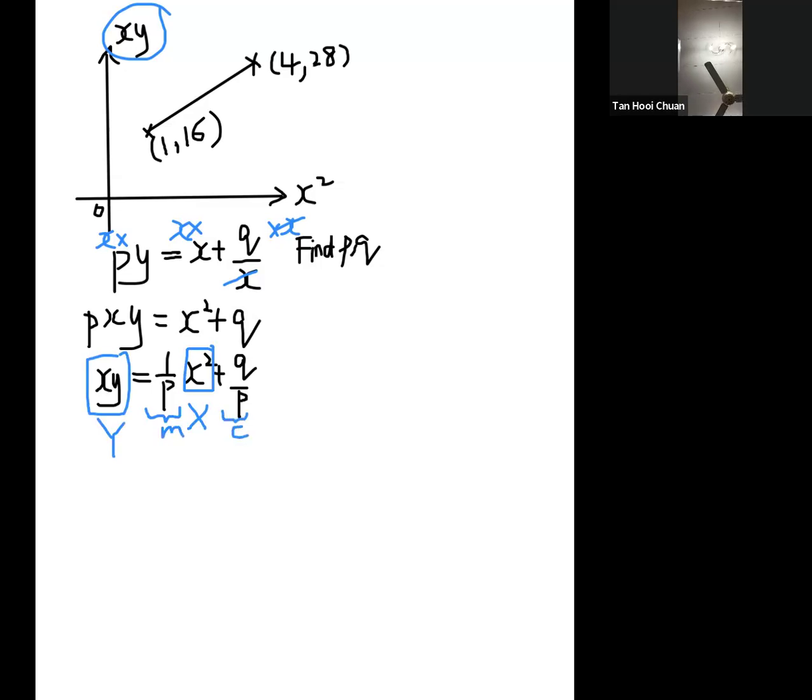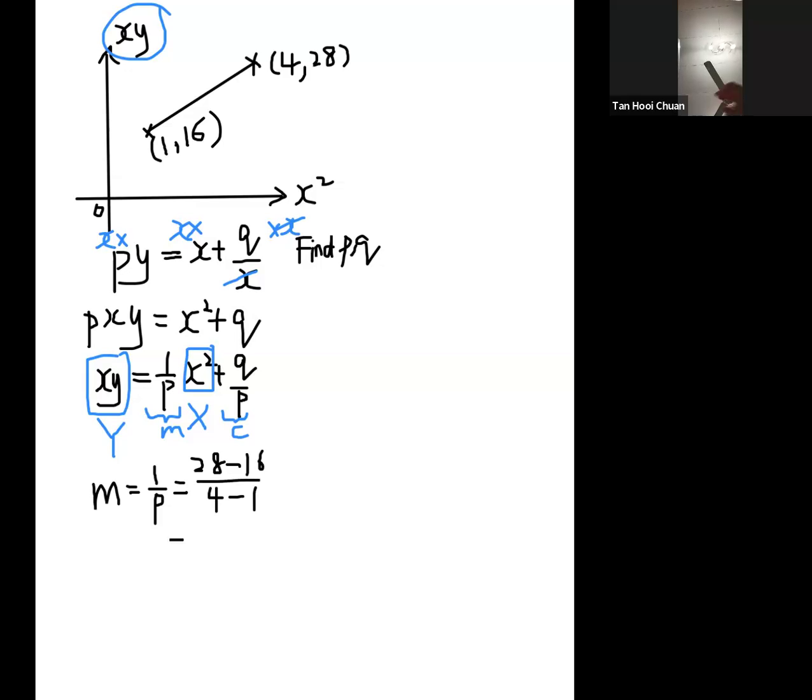So for this case, you can sub in. I think the m you can get immediately because this m is one unknown only. Very easy. If two unknowns cannot, one unknown can. Y minus y, okay? This is x squared. Y minus y means 28 minus 16, 4 minus 1 is x minus x.